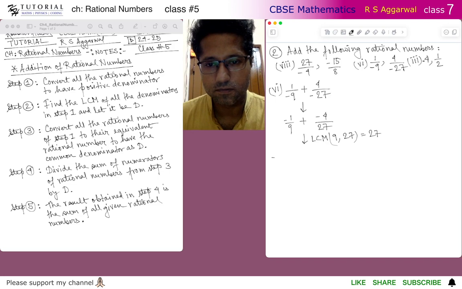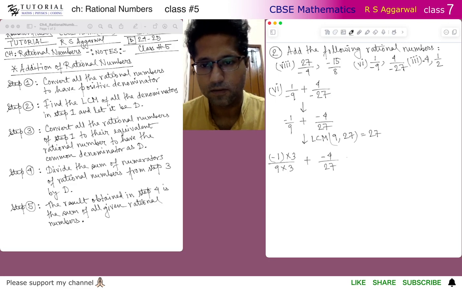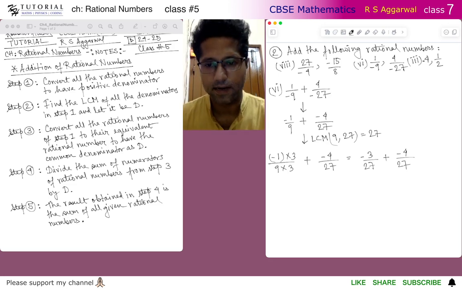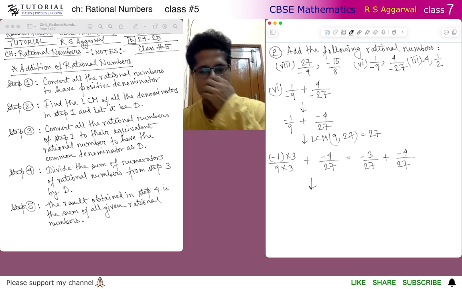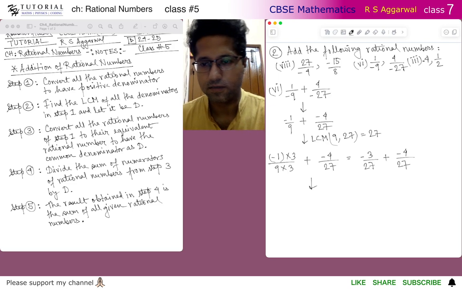So it becomes 1 multiplied by 3, 9 into 3, plus this remains the same, minus 4 by 27. So this is minus 3 by 27 plus minus 4 by 27. Now we have to do step 4, that is add the numerators and then divide by the common denominator, that is 27.